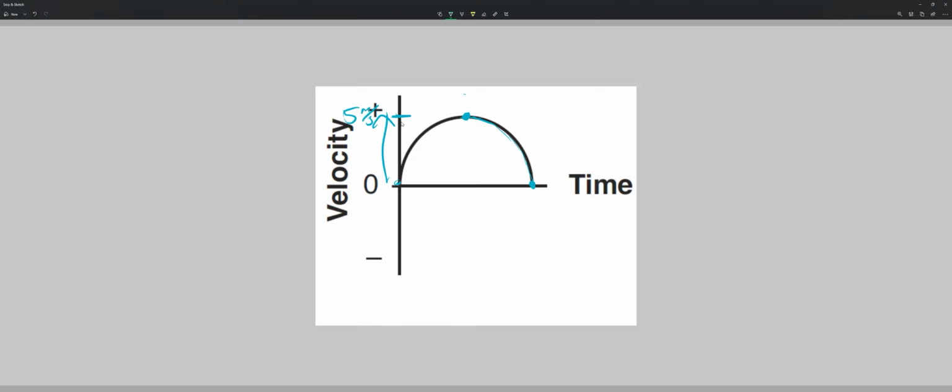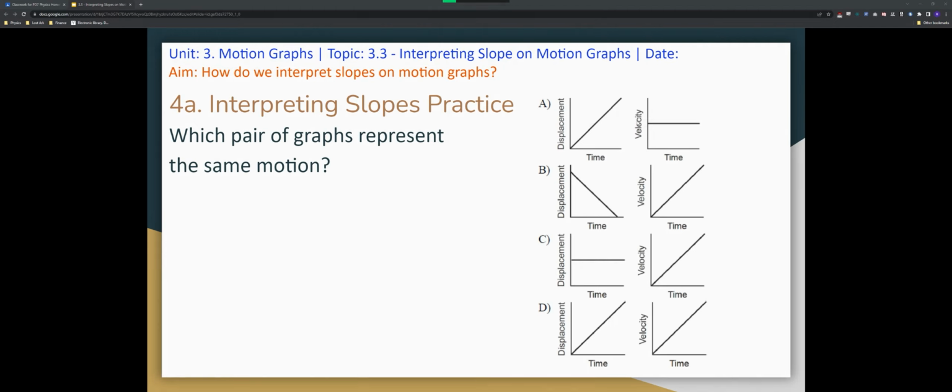So it starts from rest, increases its speed, comes to a max speed of about 5 meters per second, and then slowly decreases its speed until it comes to rest. So that's essentially the motion of the cart.